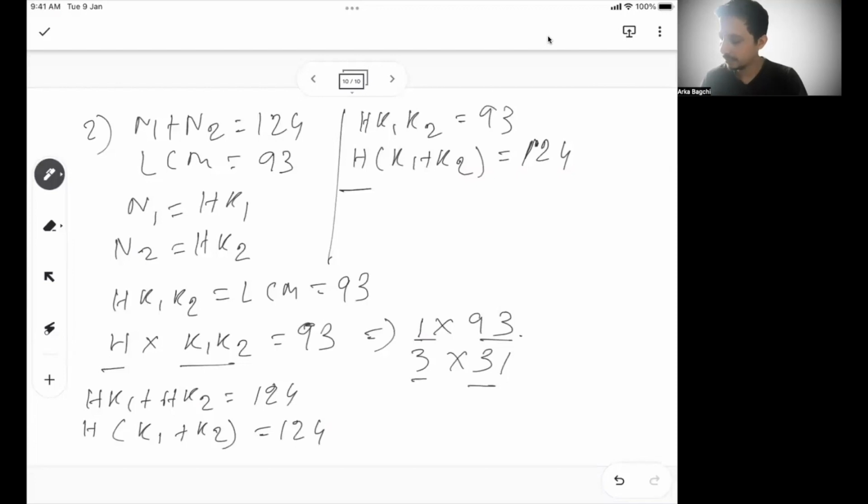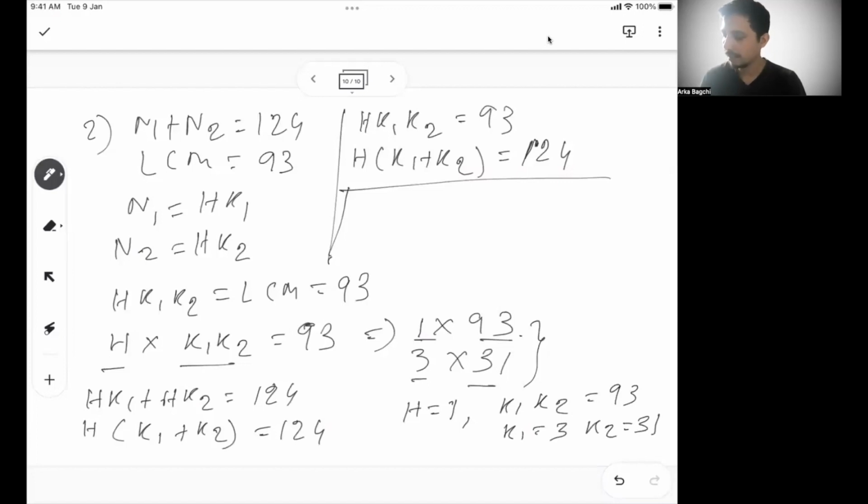So there is a possibility that H can take 1, and K1, K2 can be 93, where K1 is 3 and K2 is 31.